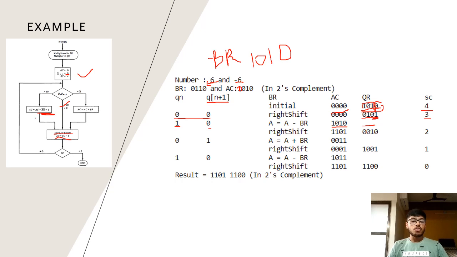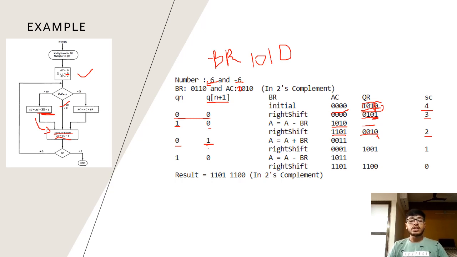After this, we will now do shifting. So shifting of bits takes place. It becomes 1 1 0 1 0 0 1 0, and we decrease the sequence counter by 1. Now we see the LSB of QR, that is 0, and Qn plus 1 becomes 1, which was the LSB of QR before shifting.